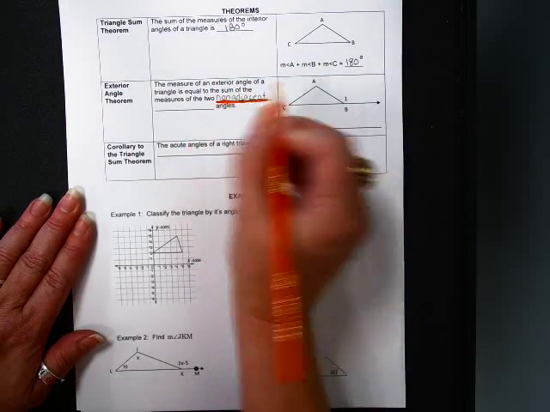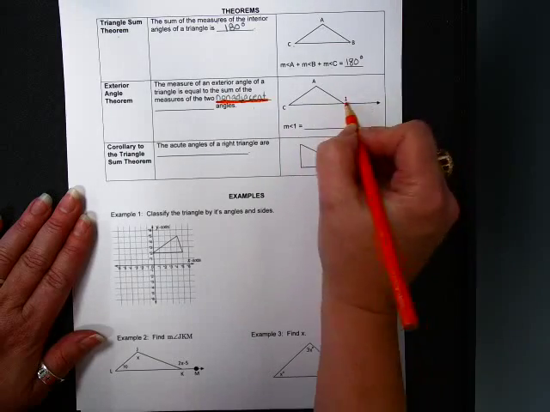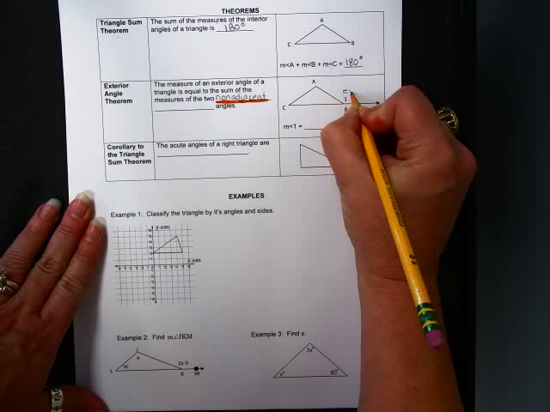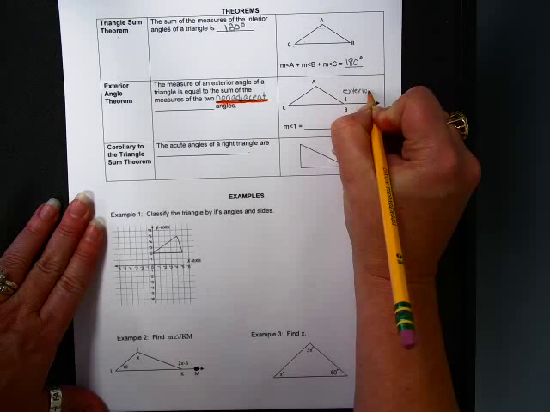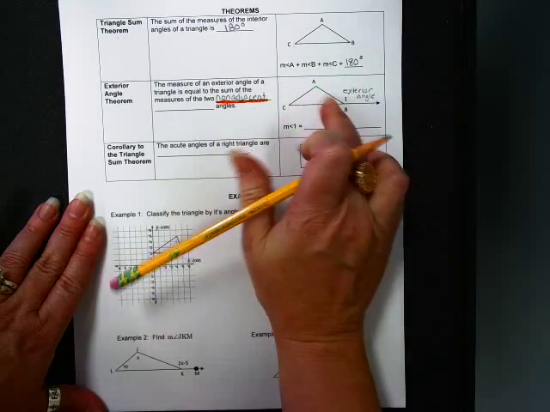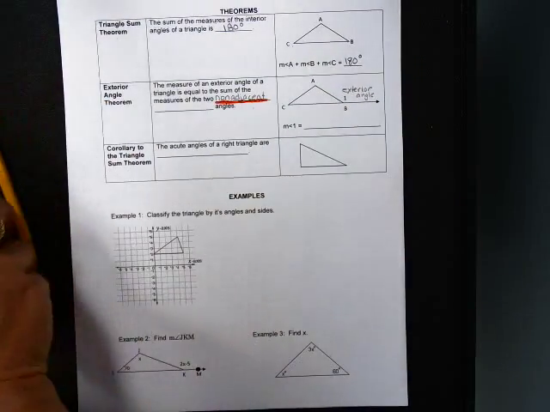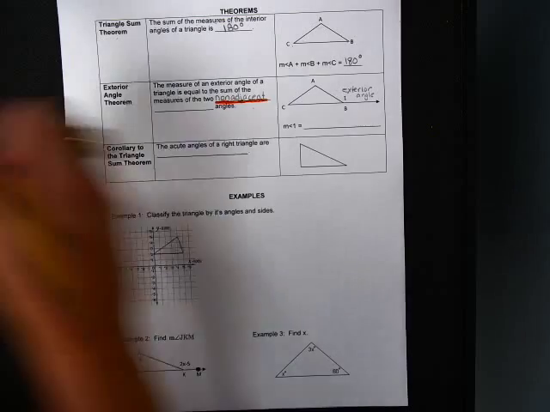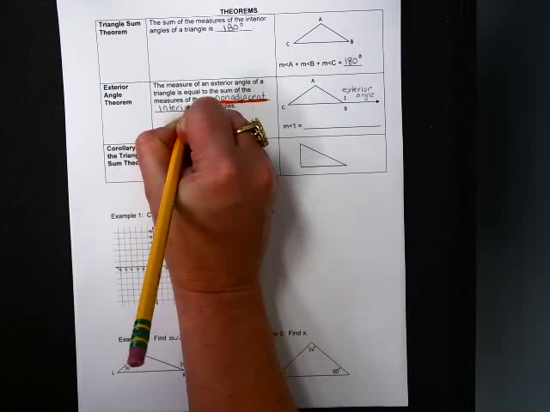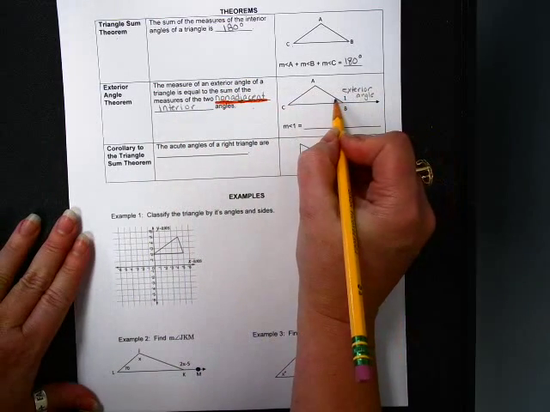Non-adjacent means the two that are not next to it. Here is the exterior angle here. These are the ones inside. So those are the interior. So two non-adjacent interior angles. So this would be right here.